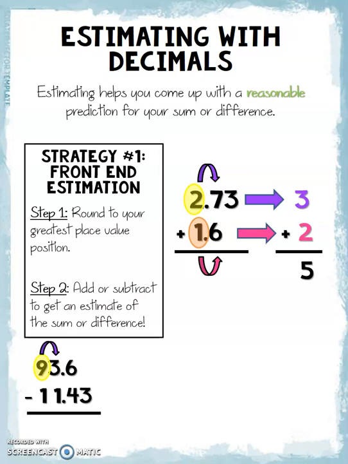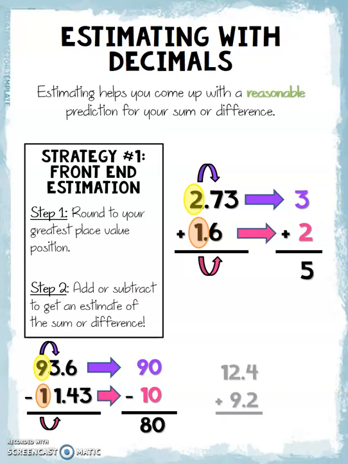So 93 and 6 tenths rounded to the nearest 10 is 90. In 11 and 43 hundredths, I have to look at the first digit, 1. Then, in order to round it, I need to look at the 1 that's directly to the right of it. Since 1 tells me to round down, 11 and 43 hundredths rounded to the nearest 10 would be 10. So if I subtract 90 minus 10, my difference should be close to 80.